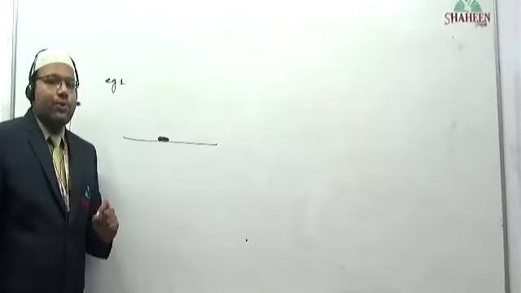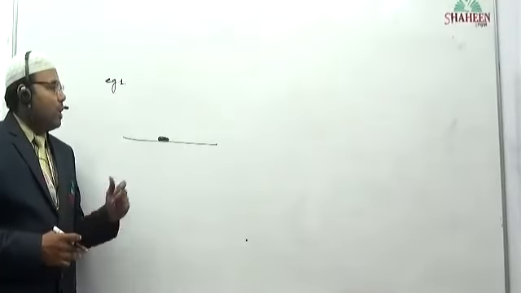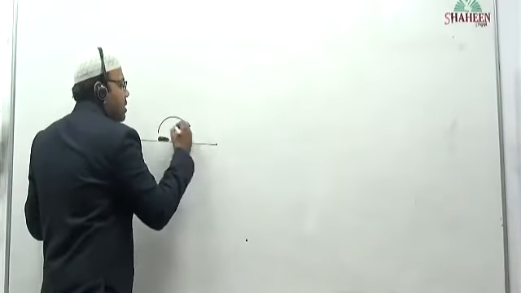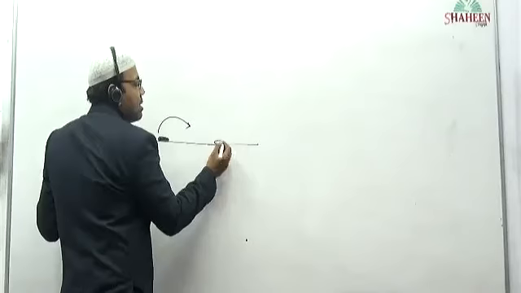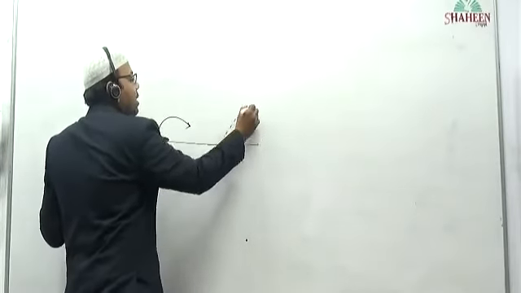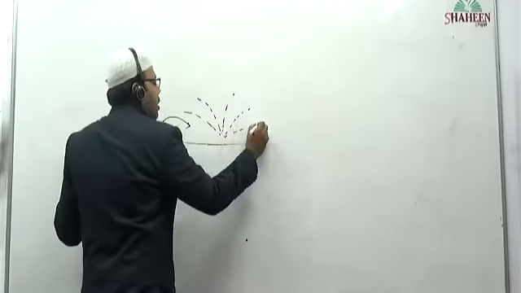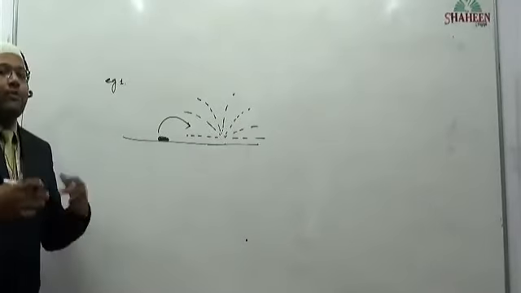And after few seconds, it is exploding. ये explode हुआ cracker. तो बेटा different particles of this cracker, they will be moving in different directions. इस तरह से different directions में पूरे cracker के particles are going to move in different directions.